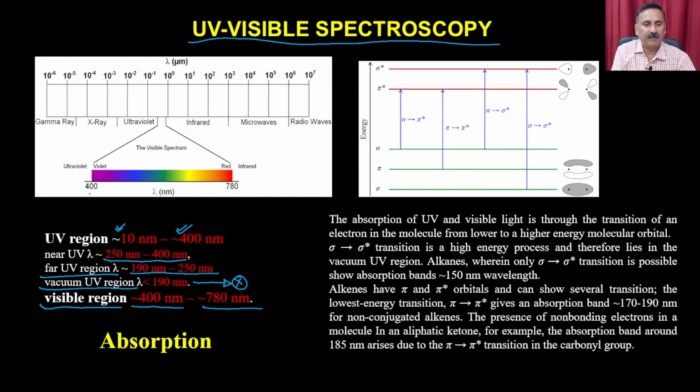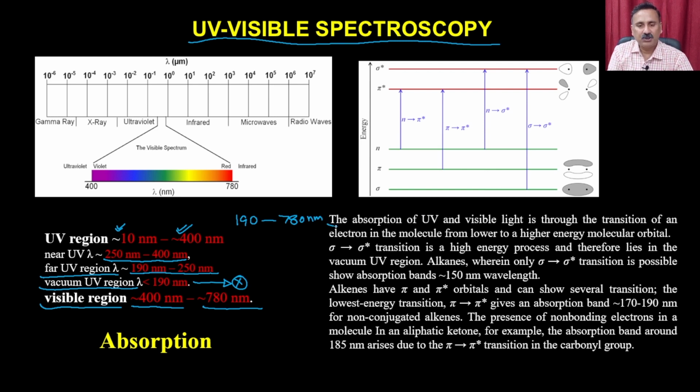So the UV visible range is from 190 to 780 nanometer, in which 190 to 250 is the UV range, and 400 to 780 is the visible range.